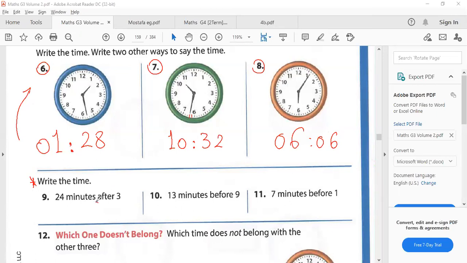If you said after, it is easy. How to write it down like this? He said 24 minutes after 3 hours. It will be 24 minutes also. We need to write it down like this. How?